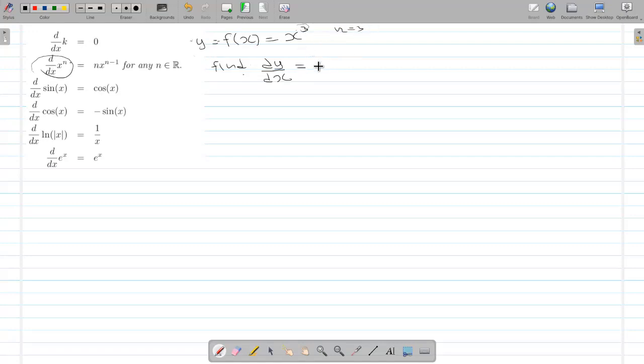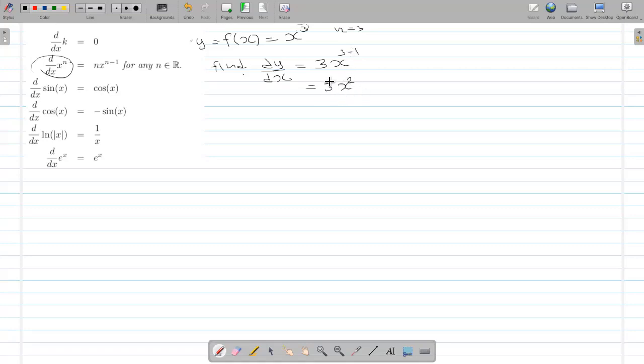So what I do, I bring down the 3. For x, I go n minus 1, x to the 3 minus 1. So that gives me 3x squared. 3 minus 1 is 2.